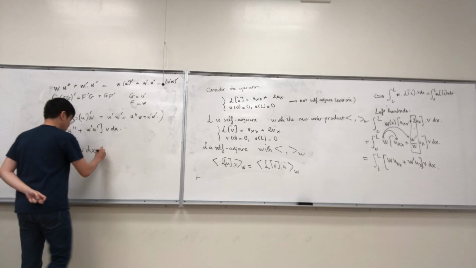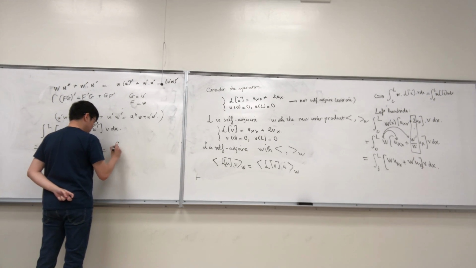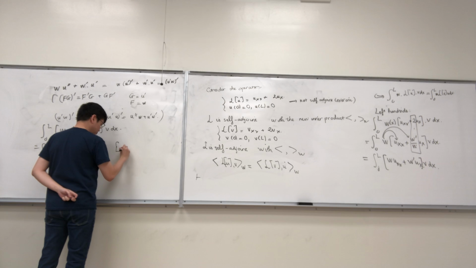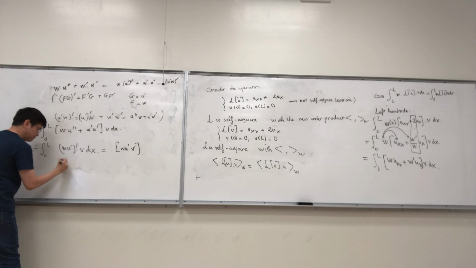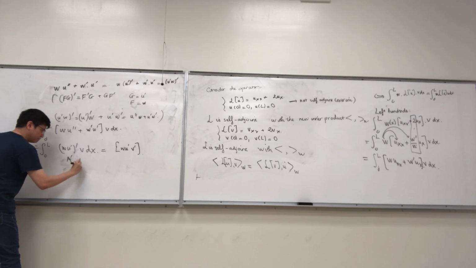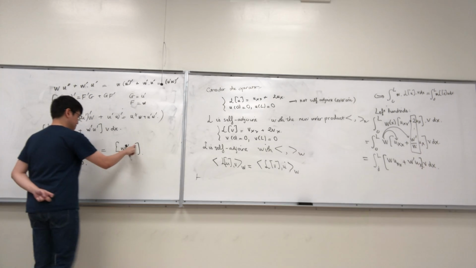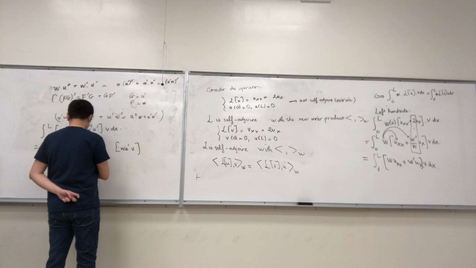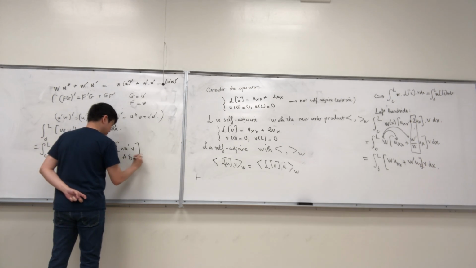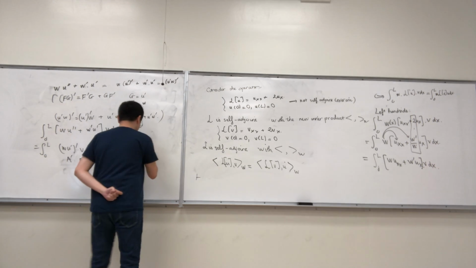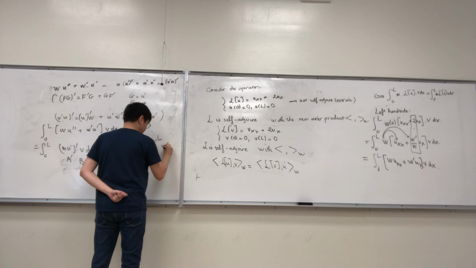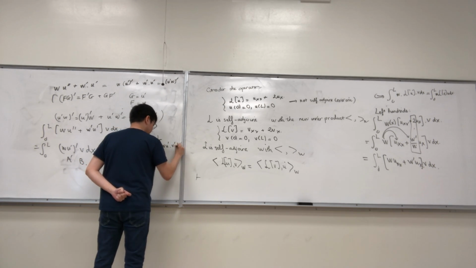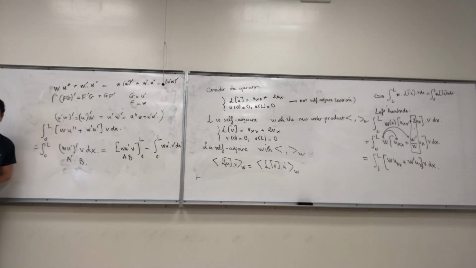So then this gives me the integral of (W U prime)' V. So this is A prime B. So this is AB, the difference between 0 and L, minus the integral from 0 to L of W U prime V prime dx.